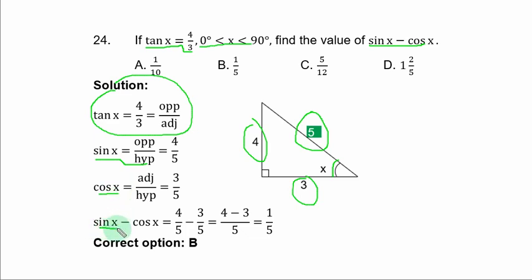Therefore, sine x minus cos x is equal to 4 over 5 minus 3 over 5. You have like fractions. You simply subtract the numerators and you have (4 minus 3) over 5, and that is 1 over 5. B is the correct option.